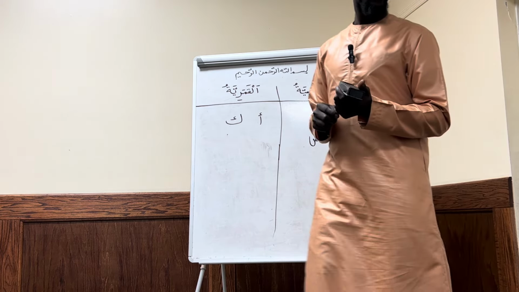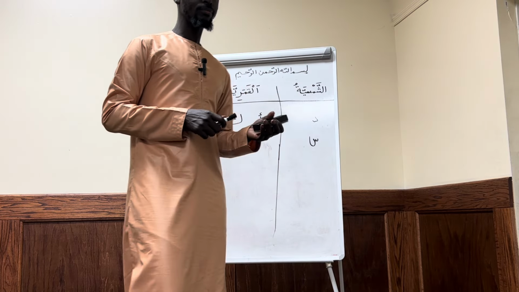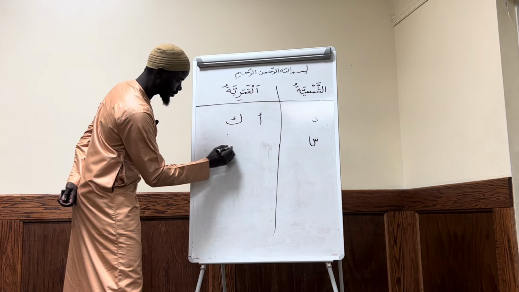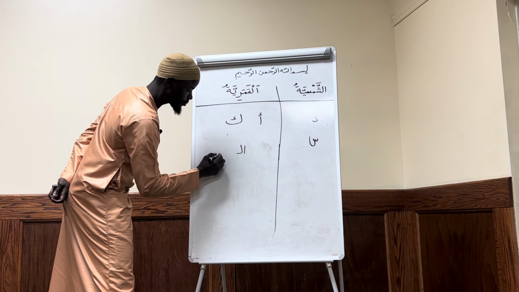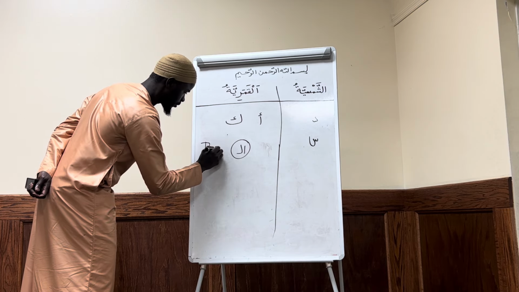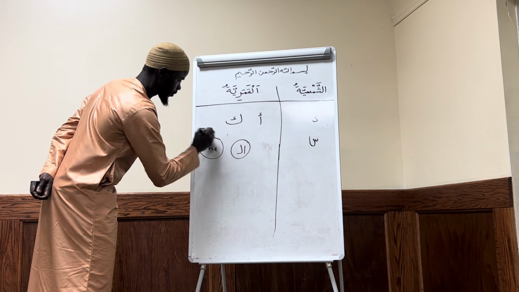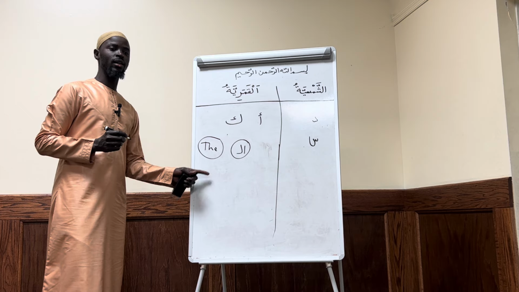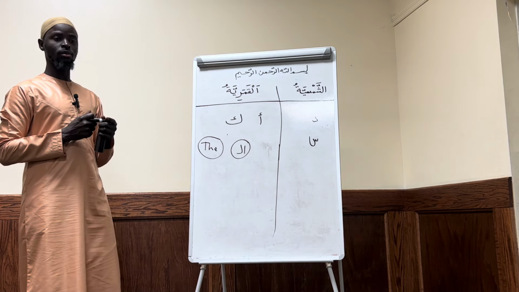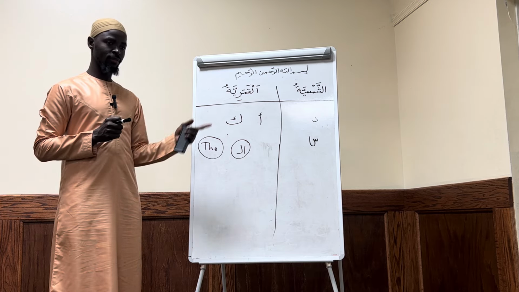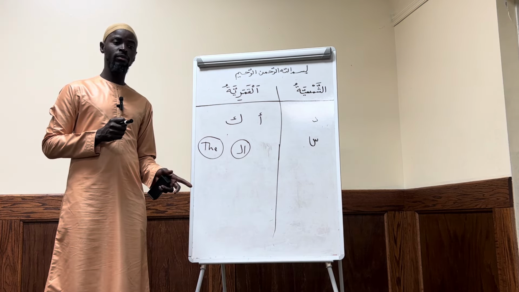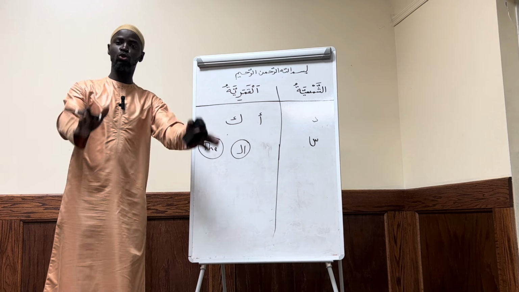Allah. The meaning of alif and lam in Arabic is "the". Anything that you see has alif and lam in Arabic, that means you will add "the". That's why in Arabic they call it al-ma'rifah: you know what you are talking about.